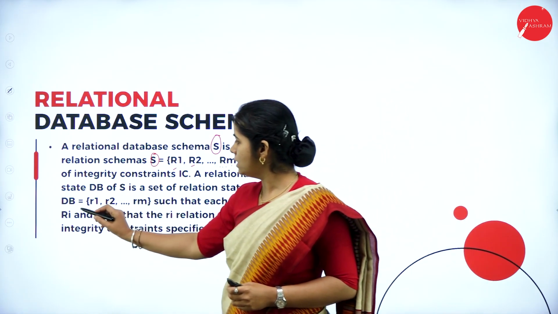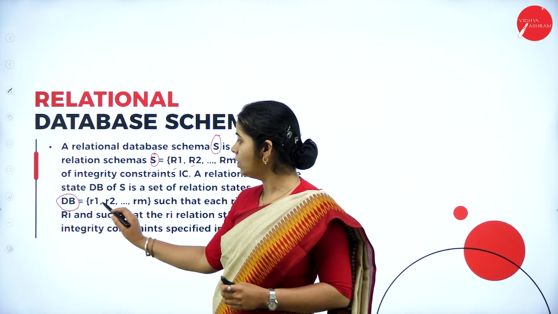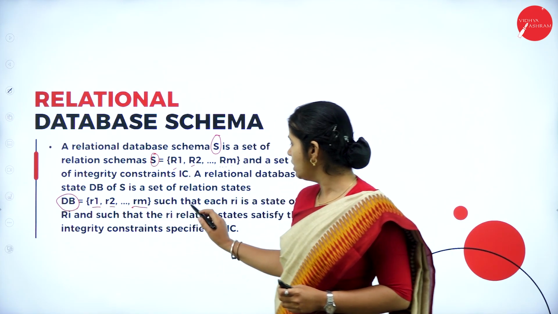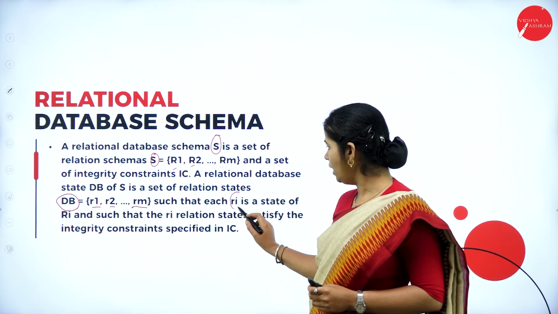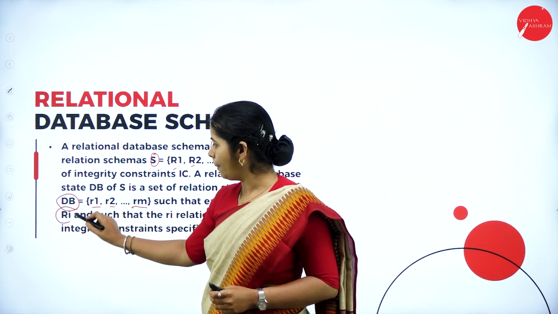A relational database of S is a set of relational states also. See, this is a database. In the database we have relations R1, R2 up to Rm, such that each Ri is a state of the relation.